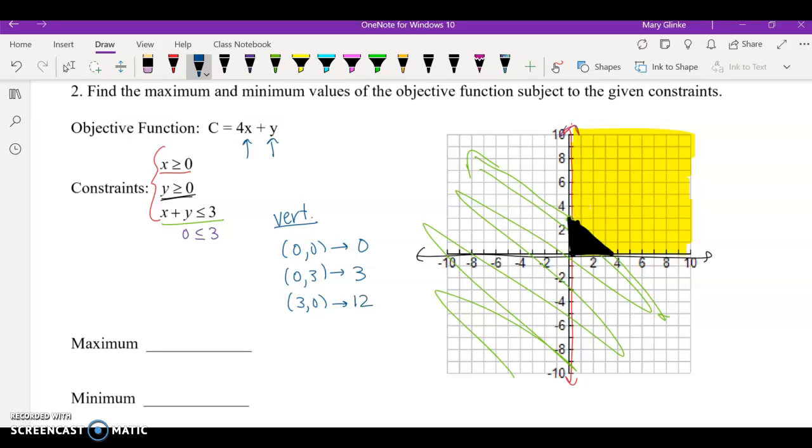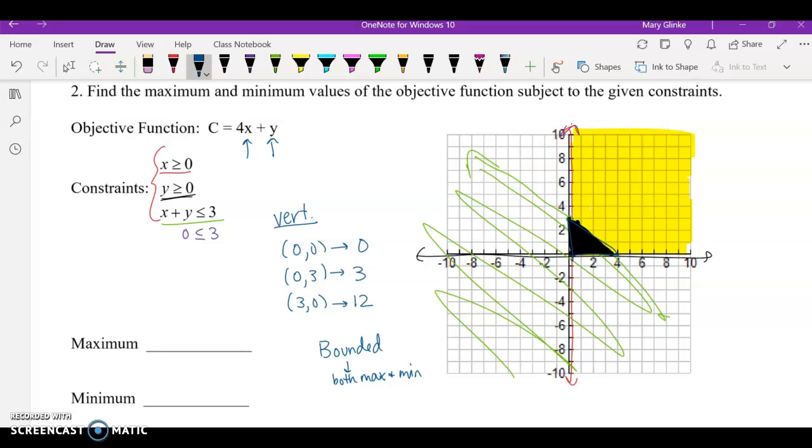Now, since our region here is bounded, meaning I can trace all of the sides of this and see all of the points that are in my feasible region, that means you're going to have both your maximum and your minimum.